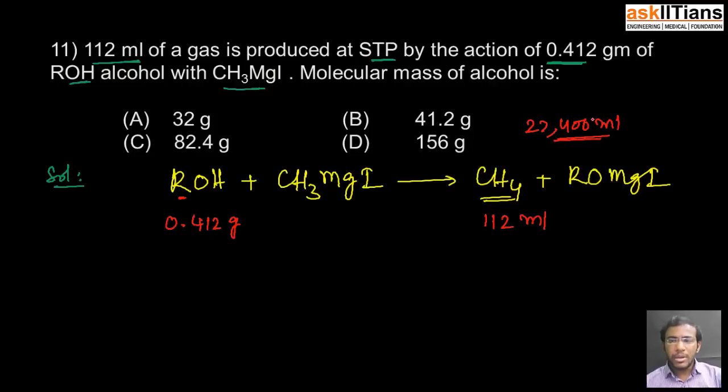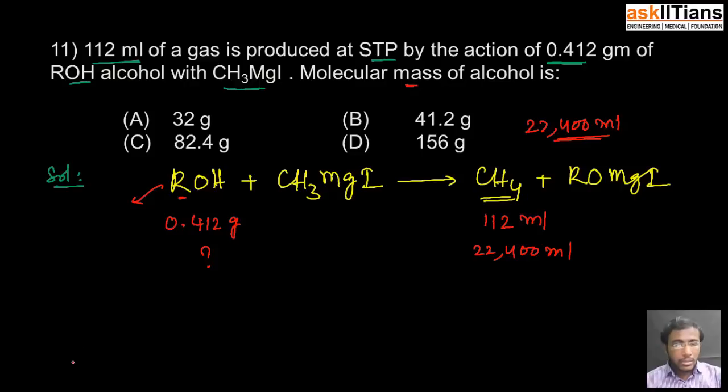So the mass of alcohol that gives 22,400 ml of methane is the mass of 1 mole of ROH, which is the molecular mass of the alcohol.